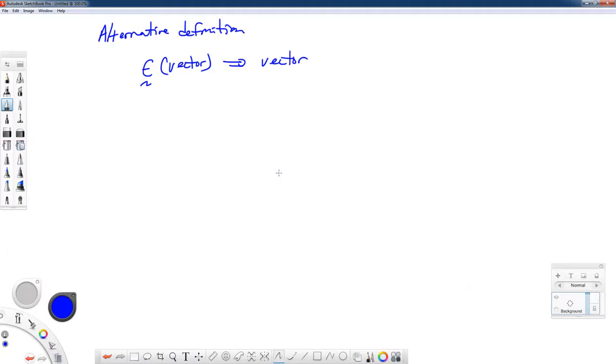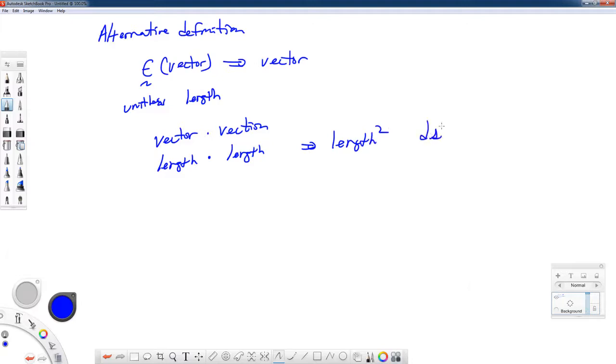And so we have then our second order tensor, and this then would have a length. So this is unitless. This has some units of length. And then we do that resulting vector times that same vector again. We have the length dotted with a length, and then we end up with a length squared term, which is what we get when we have the ds squared minus ds squared.